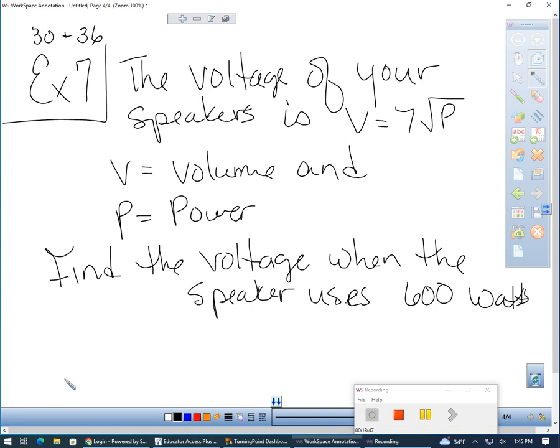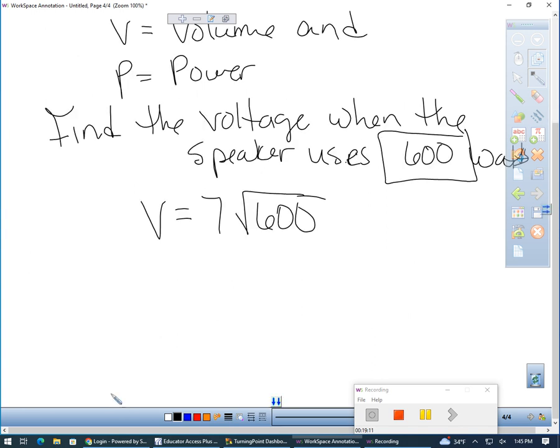All right, so all this is asking you to do, you're using this formula. It sounds like a lot of different words that all mean the same thing, right? All you're taking is this 600 right here, and you're plugging it in where P is. So you have V equals 7 square root 600. Then you grab your wonderful calculator, and you type in 7 square root 600.